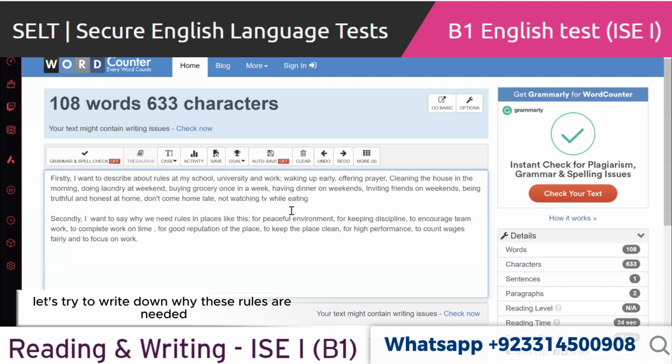Let's try to write down why these rules are needed.